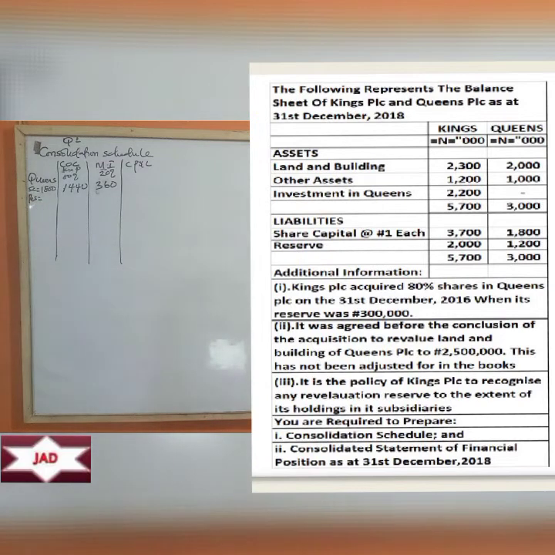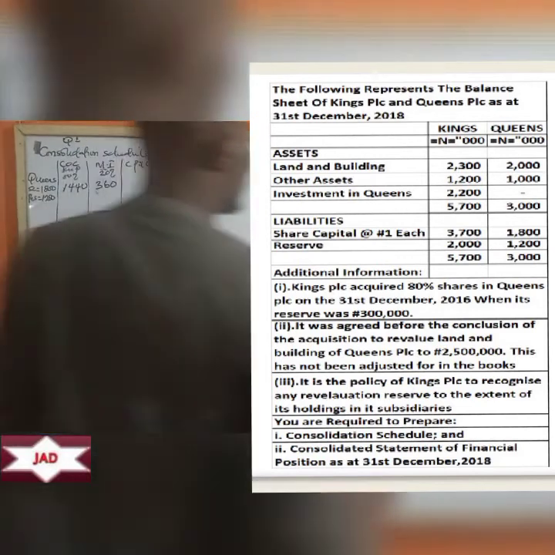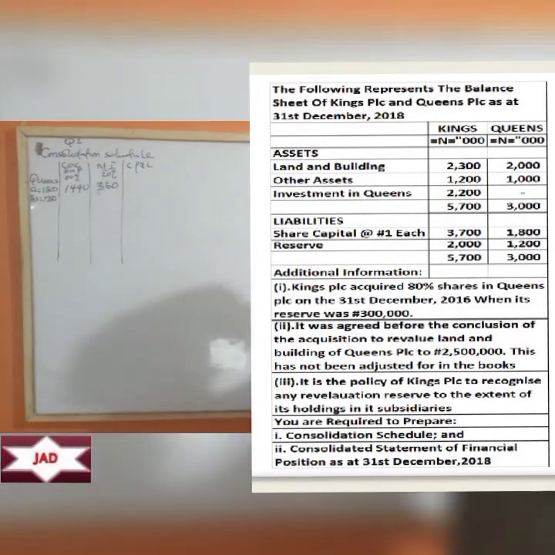According to the question, reserve is 1,200. We have 1,200. Right? So that would be 1,200 as a reserve. What's our pre? What's our post?